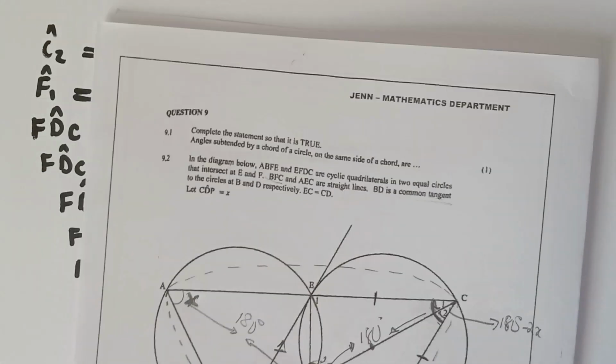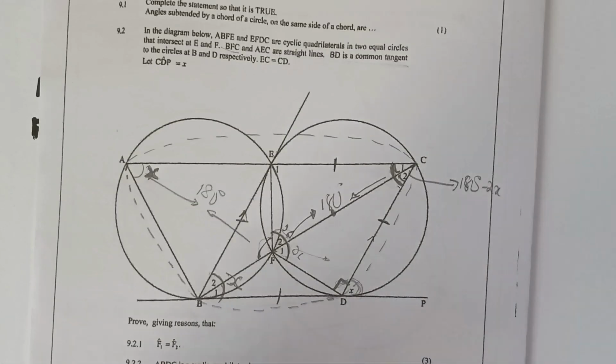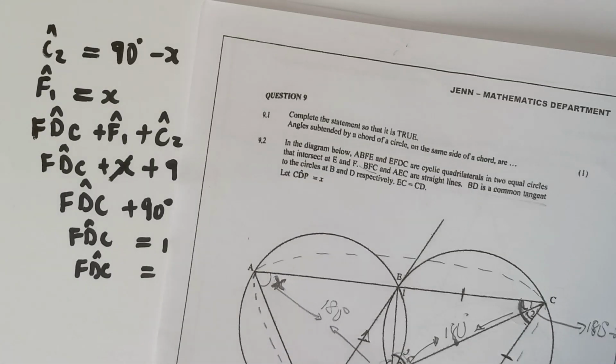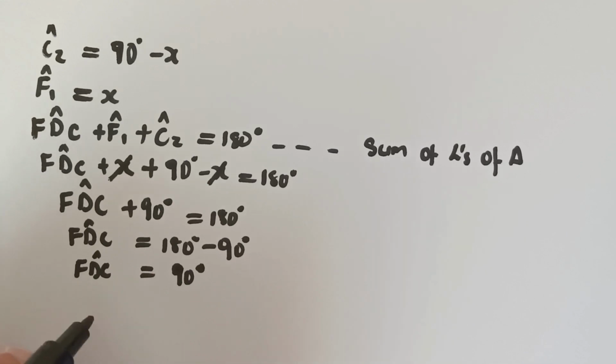So now we can just say that FC is therefore a diameter, that is the converse of angles in semicircle.